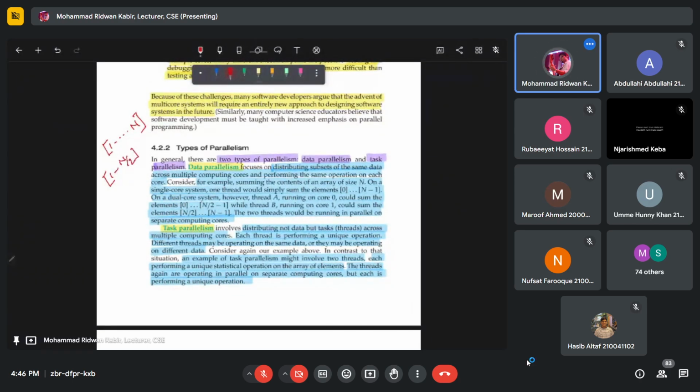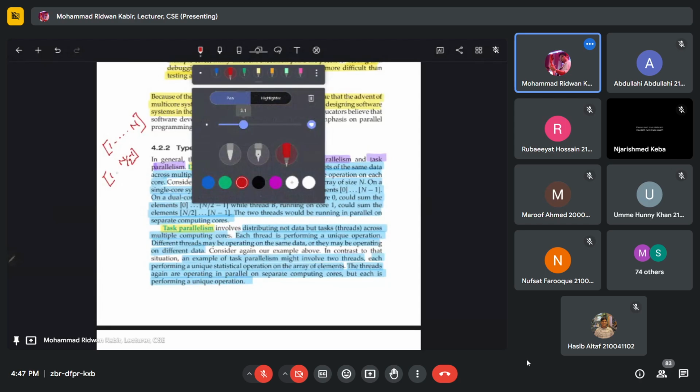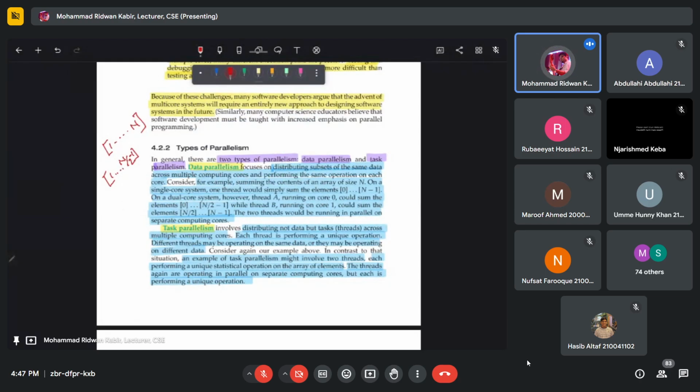Okay, and it could be from 1 to n/2 minus 1 index, and the other one could be n/2 up to n minus 1 index.